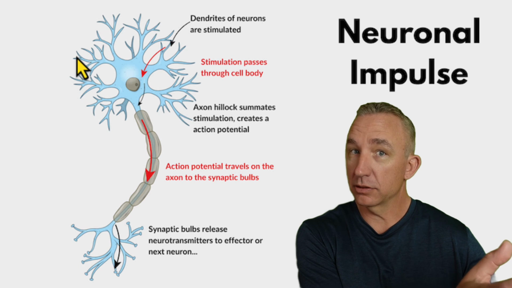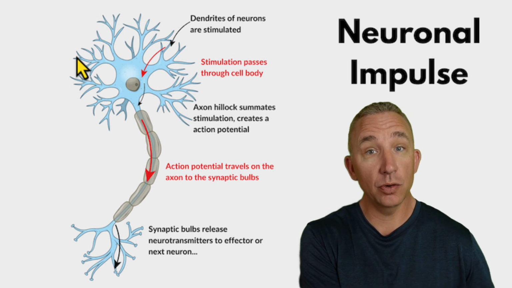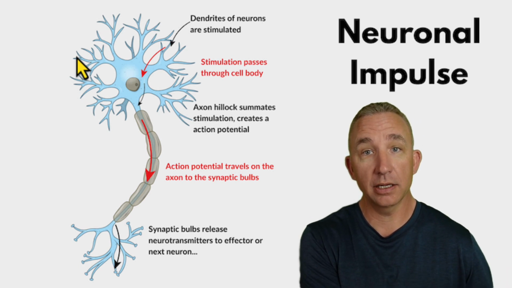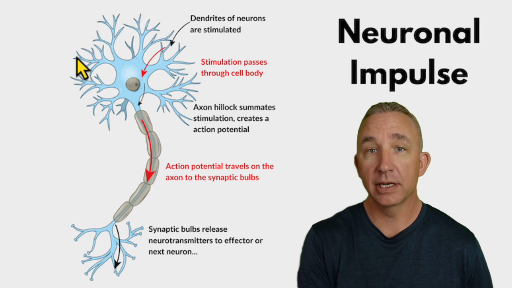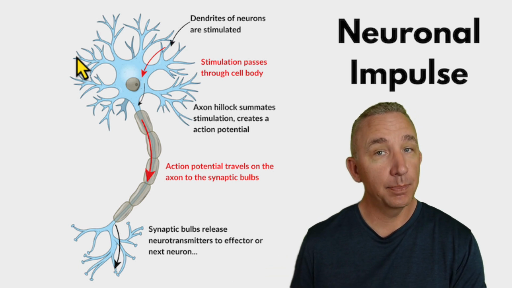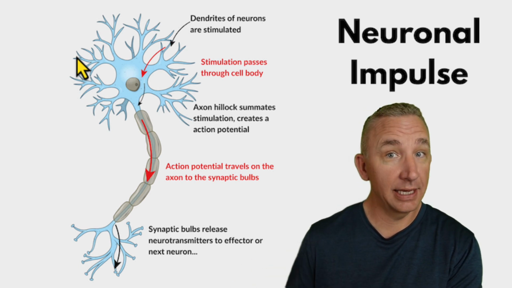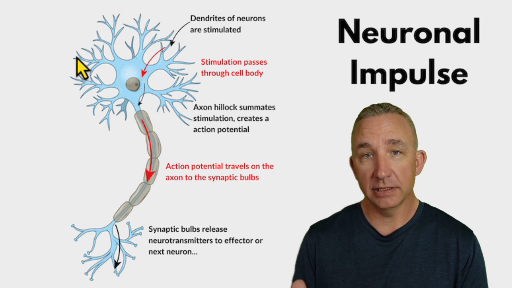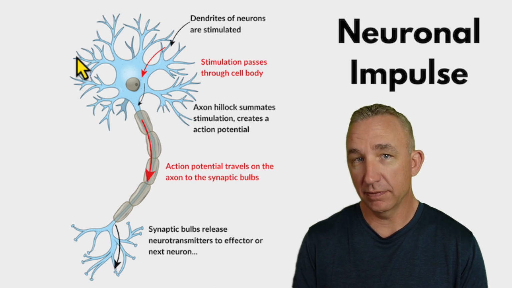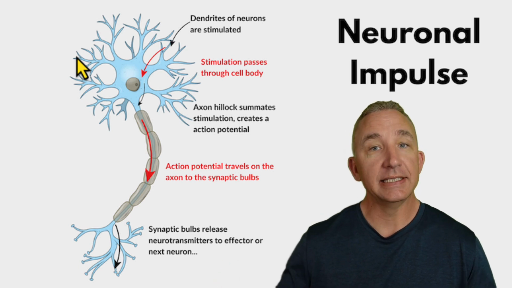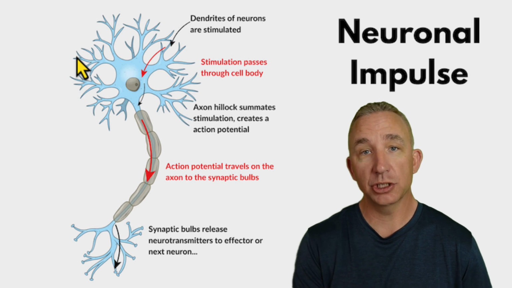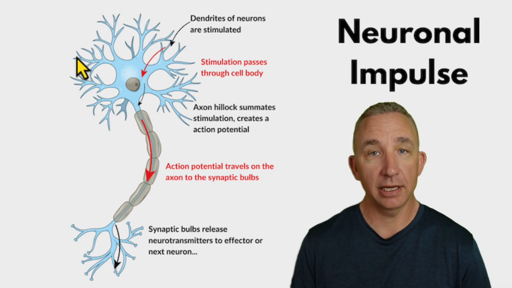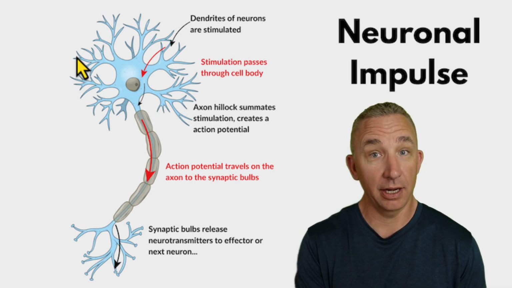In physiology, you'll talk about how they have a lot of sodium ions on the outside of the cell membrane. On the inside, you have a lot of potassium. So you have Na and K. And that difference at a resting potential is about 70 millivolts. When you have that depolarization, you're changing from a positive to a negative charge, or negative to positive, depending on how you look at it.